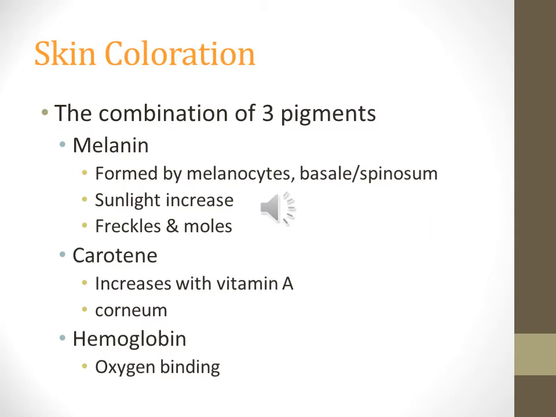You can increase it with excessive intake of carotene-rich foods, like vitamin A related for normal vision. And then finally, hemoglobin, which is the oxygen-binding pigment of blood. This is where we get our pink tone secondary to oxygenated blood in the dermis. Okay, so yellow to reddish brown to black, melanin, yellowish orange from carotene, and the pink tones from hemoglobin.